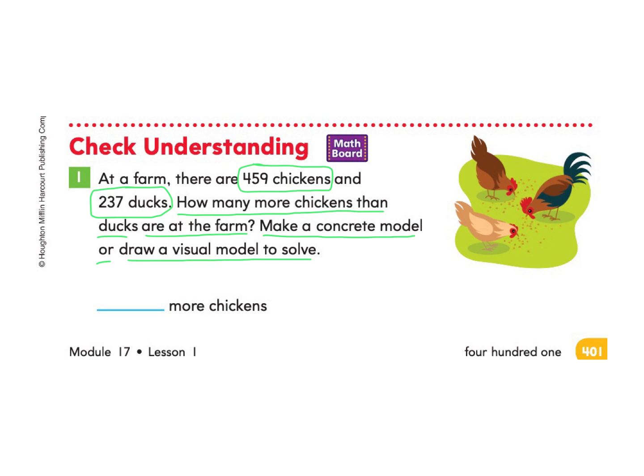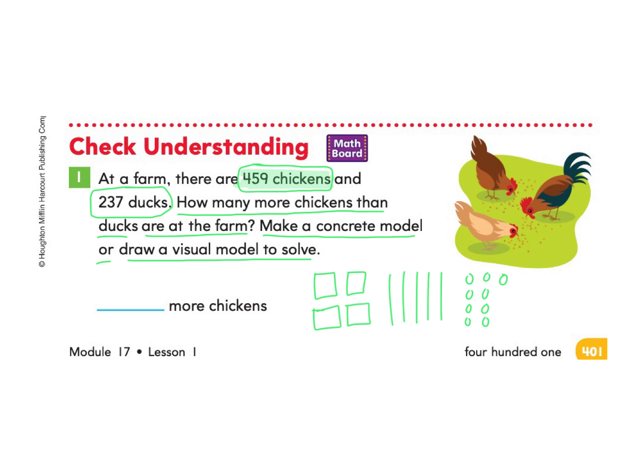I'm going to start first with the 459 chickens. So again, I'm going to draw 4 boxes for my hundreds, 5 sticks for my tens, and 9 little circles for my 9 ones in 459.